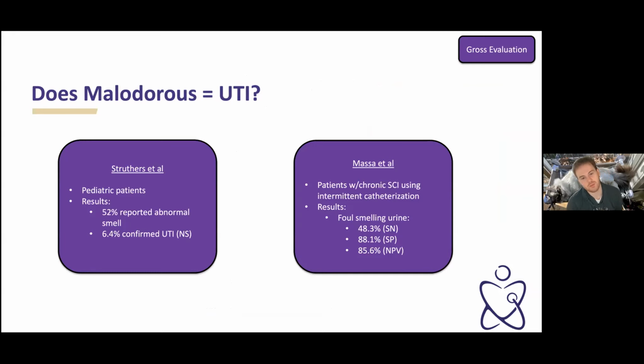And then for a different patient population, folks with chronic spinal cord injury who intermittent cath, foul smelling urine had pretty poor sensitivity, but okay specificity and negative predictive value. The big picture for me is that I wouldn't rely super heavily on smell for infections, but again, it can contribute to everything else that's going on.